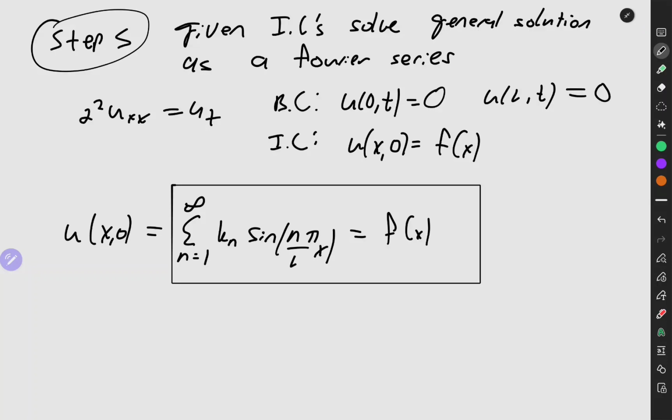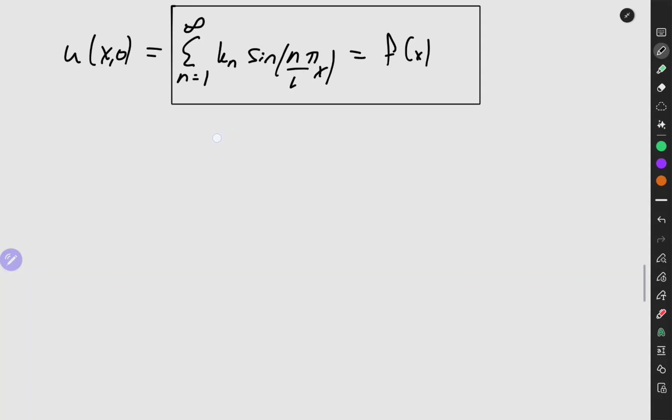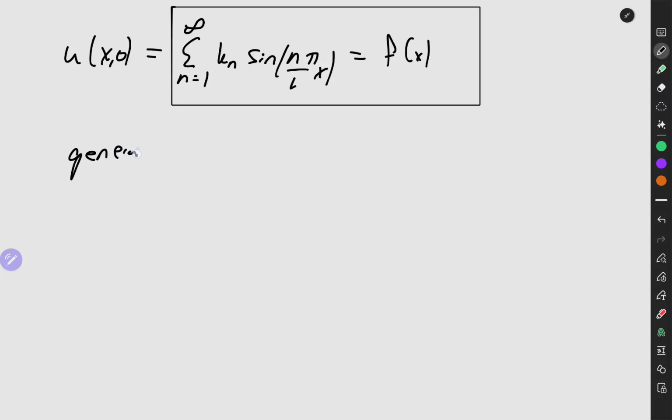So before I go any further, let's take a look at the general form for a Fourier series.